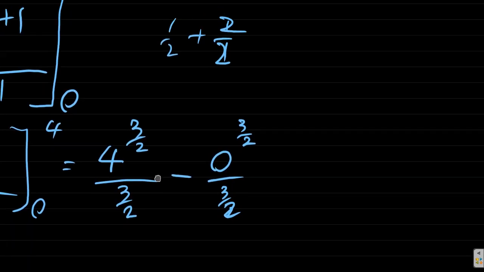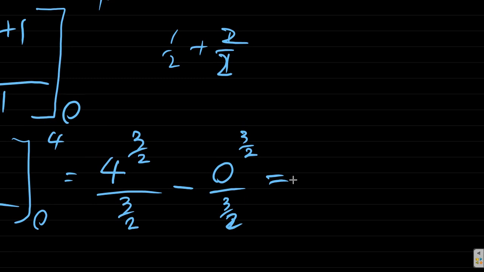Now, what will we get? Remember, when you have a number raised to a power that is a fraction, the numerator, the top number, gives the power that you raise the number to, and the bottom number, the denominator, is the root of the number.